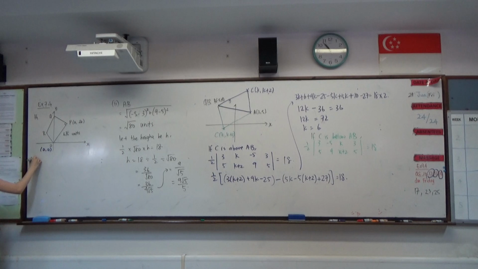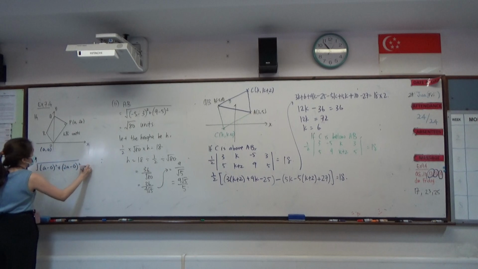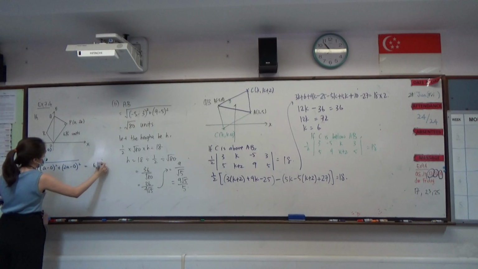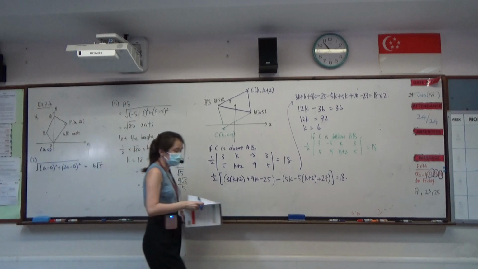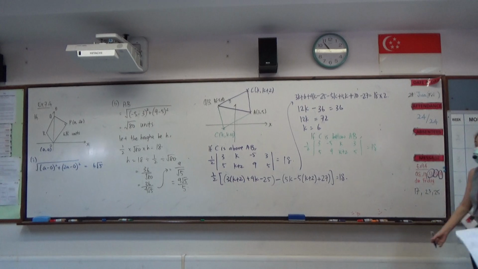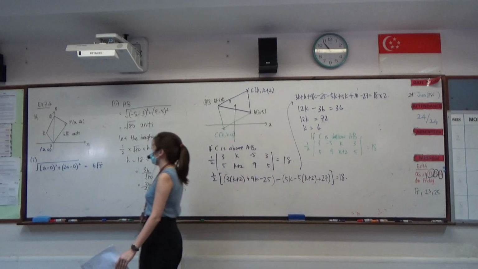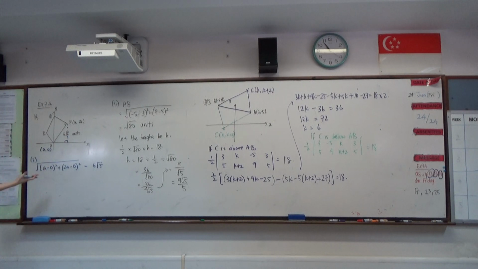So the length of the line segment would be square root of (A minus 0) squared plus (2A minus 0) squared equals 6 square root 5. You can think about it by applying the length of line segment formula. Otherwise, you can see it as a right angle triangle, which is also possible. So the same logic will still apply.